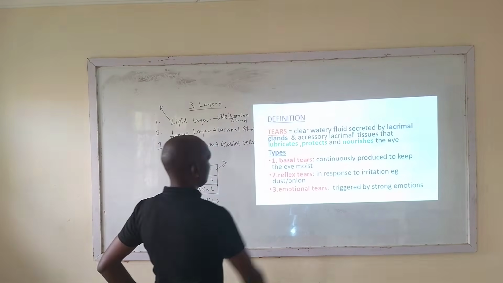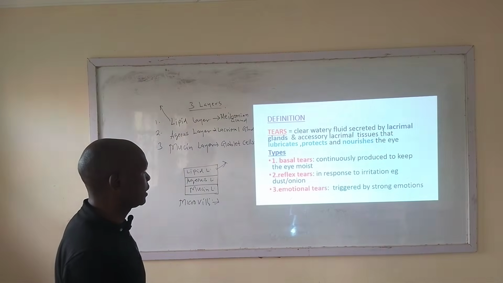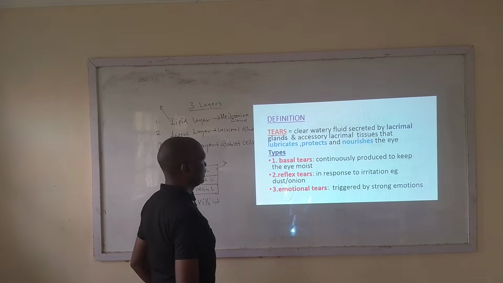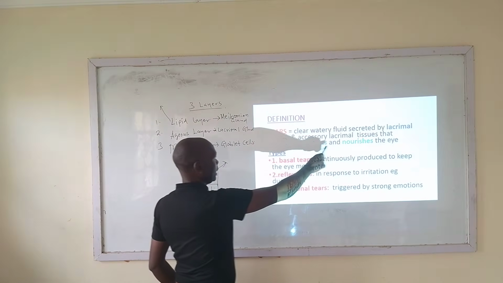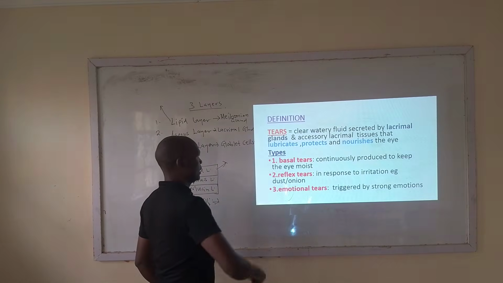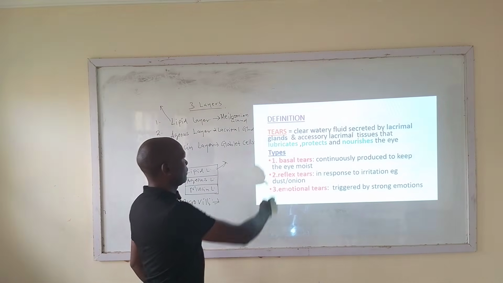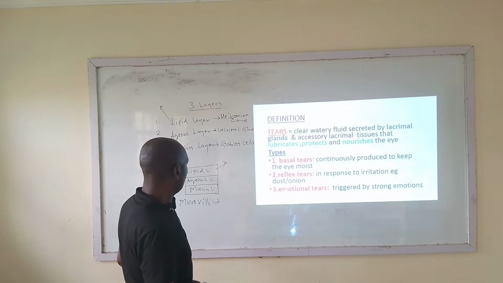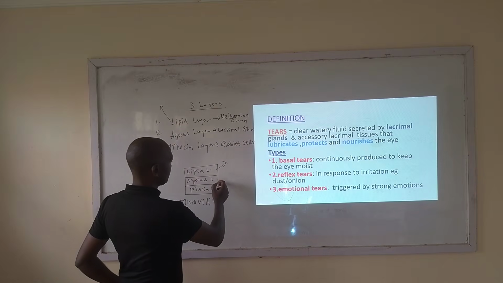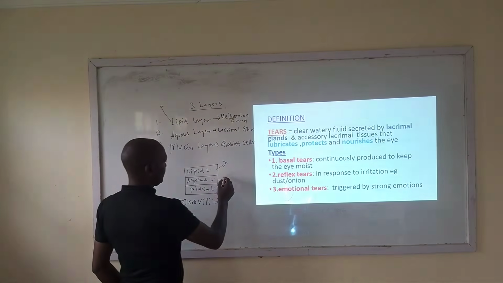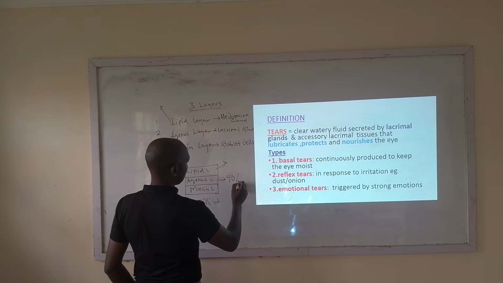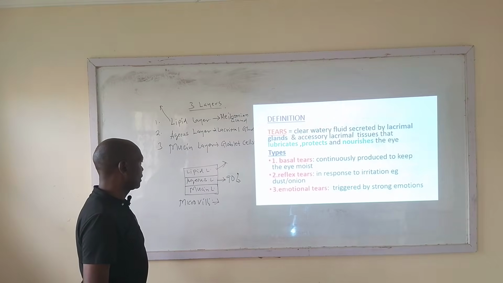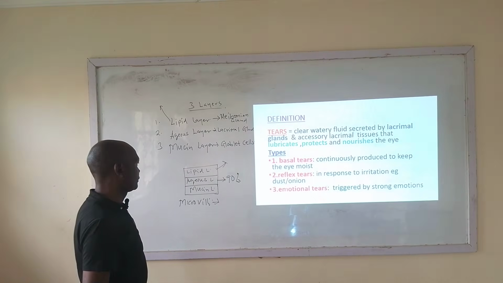So we are saying the tears is just a clear watery fluid, and it's secreted by the lacrimal gland. The reason why the lacrimal gland takes the first recognition here is because it produces the aqueous layer, which forms about 90% of the entire tear film.